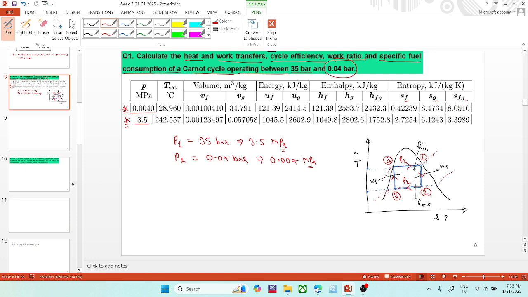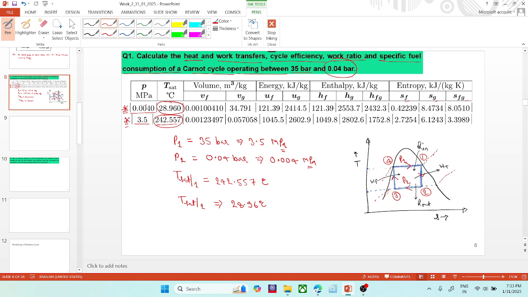Okay, so let me write the values here. First, the saturation temperature Tsat at P1 is given 242.557 degrees centigrade, and saturated temperature at P2 is 28.96 degrees centigrade. The values we can find from here, from the first column only.